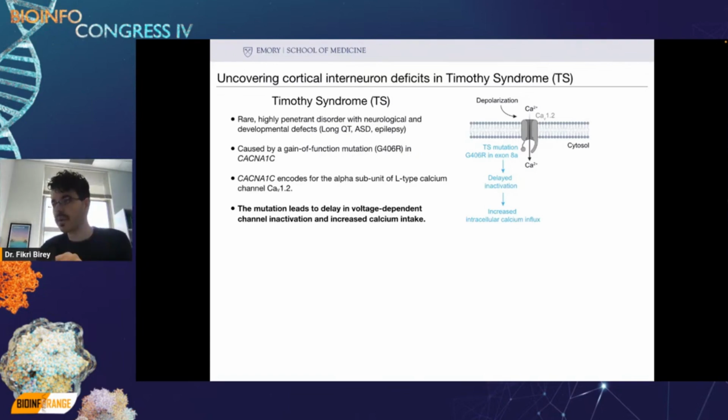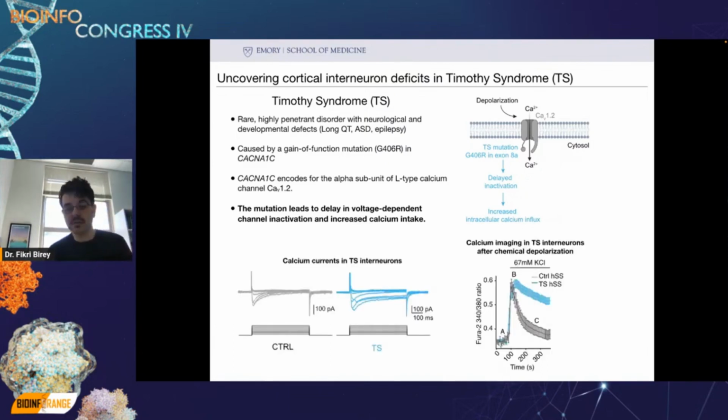And what the mutation does is it delays the inactivation of this calcium channel. This calcium channel is a voltage-gated channel. So it means that the cell depolarizes by incoming activity, it opens, but calcium levels are very tightly regulated in the cells. So it needs to shut down really quickly so that it can buffer the incoming influx of calcium in healthy cells. Once you have this mutation, it takes the channel really long to close, and we can demonstrate this core phenotype using two different strategies.